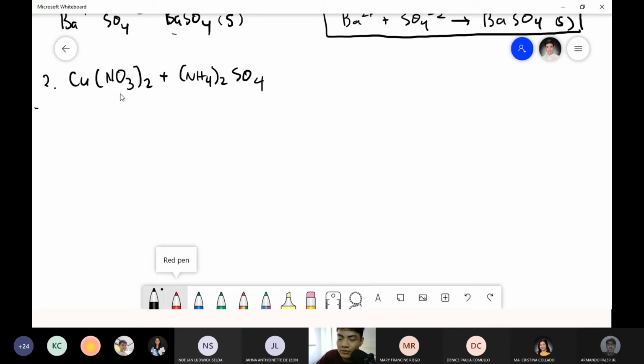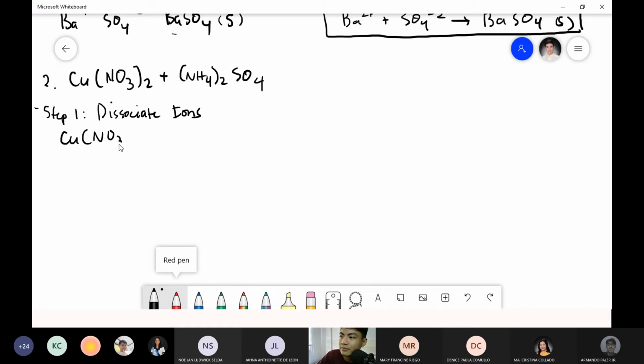So, we have copper 2 nitrate and ammonium sulfate. What do we do? Step 1, split the ions. Dissociate the ions.